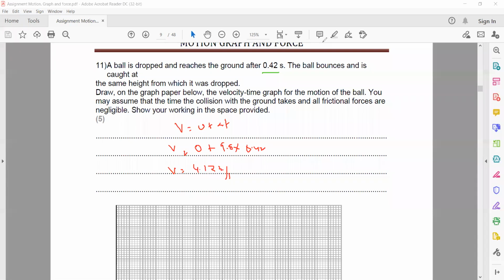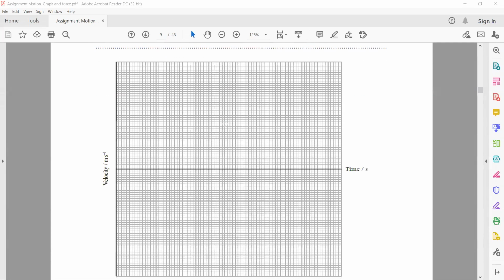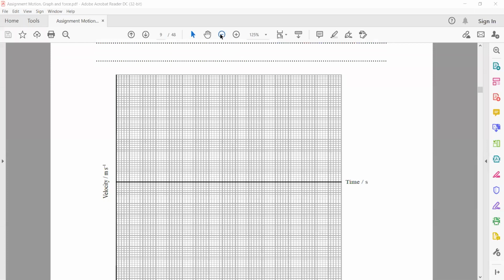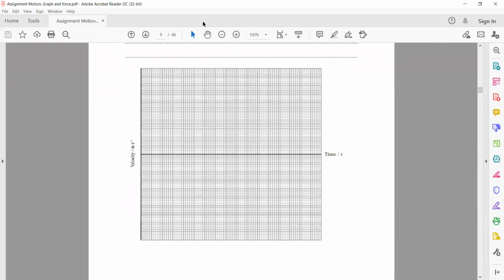So v on the axis, when we label this like 1, 2, 3, 4, and the same thing, -1, -2, -3.